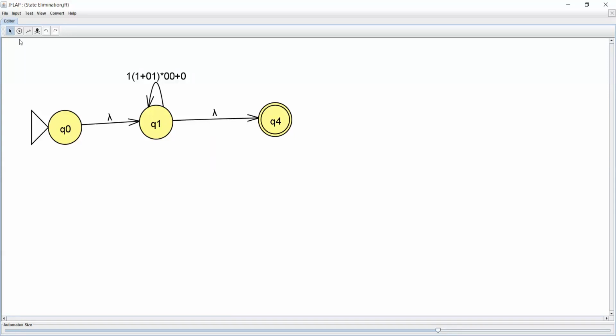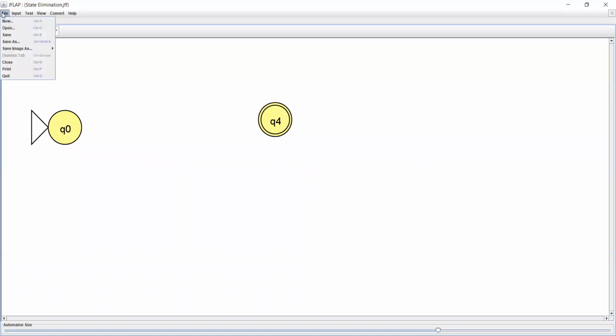Now when I do that, the answer which we are going to get will be 1 plus, let's take one more transition. Sorry, wait a second, it has gone. Let me introduce this. Okay, we got this one.